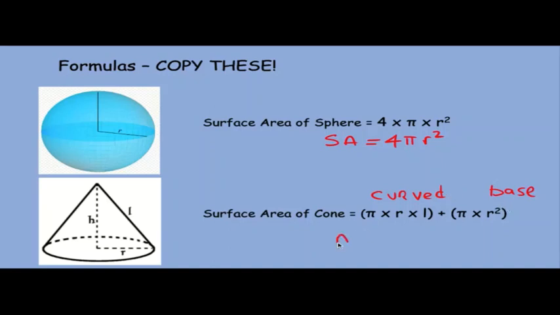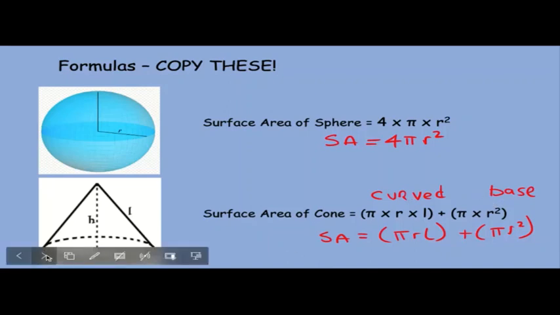So we might want to change that, as I say, to pi r L plus pi r squared. So for the challenge question later on, you might want to remember that this part here is relating to the curved section of the cone.